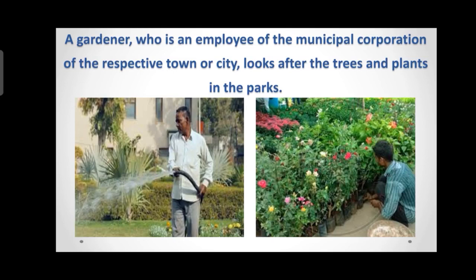Next one is a gardener, who is an employee of the municipal corporation of a town or city, who looks after the trees and plants in the parks. Municipal corporation is a local governing body including cities, countries, and towns.